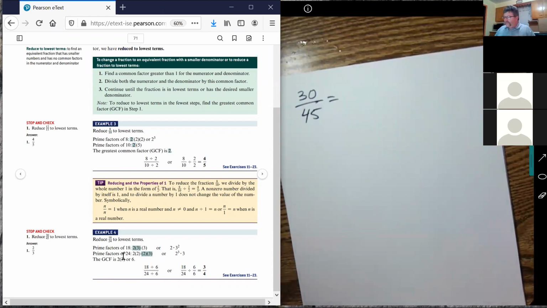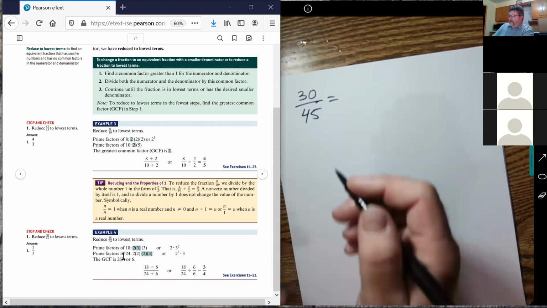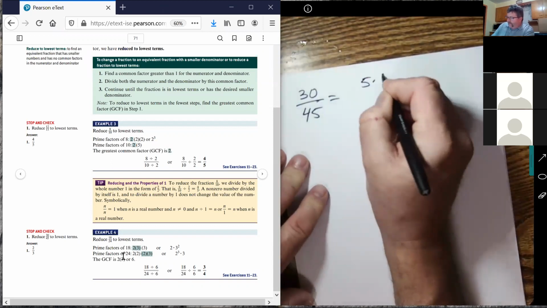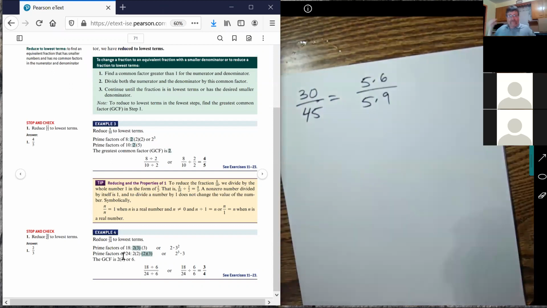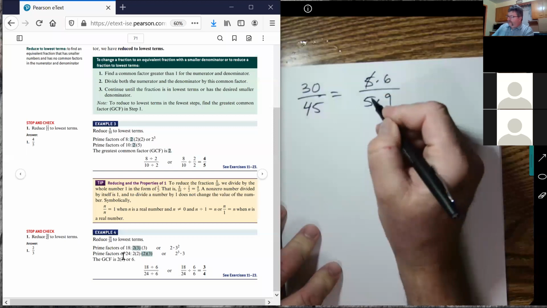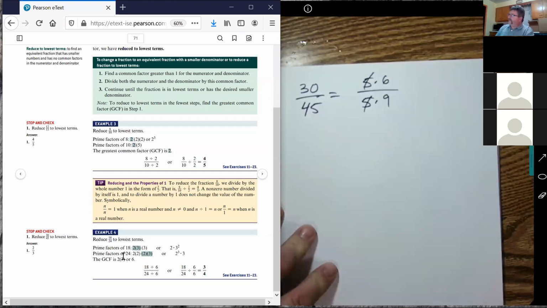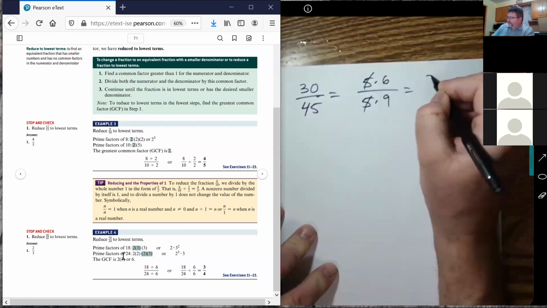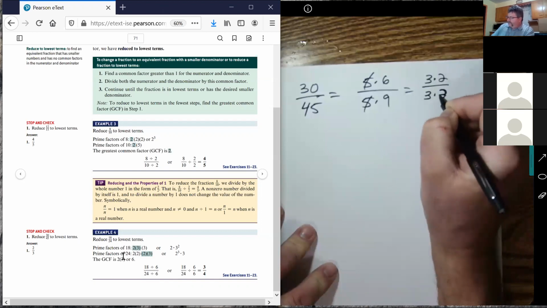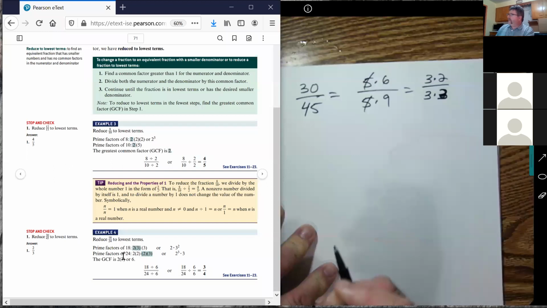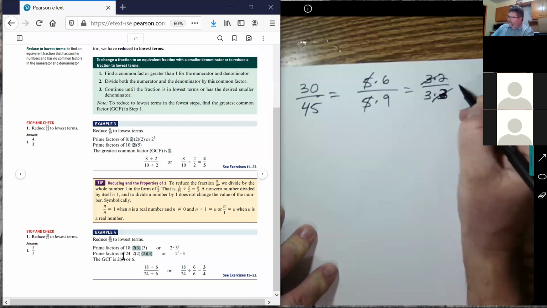What's common between a 30 and a 45? At least the 5 has got to be common, right? 5 times 6 is 30. 5 times 9 is 45. That wasn't the biggest, but it was something, right? Chip away at it. Goodbye 5s, and now I'm left with 6 over 9. So now we can see a 3 hidden inside there and a 3 hidden inside there, and we can cancel those common 3s and be left with 2/3.